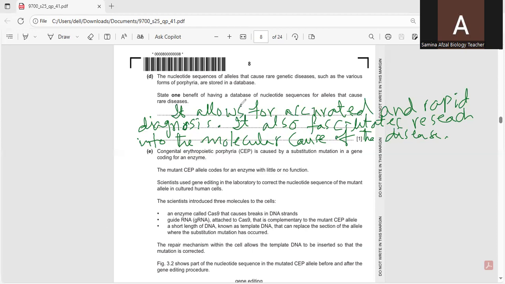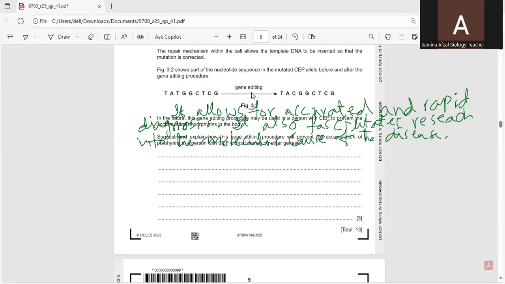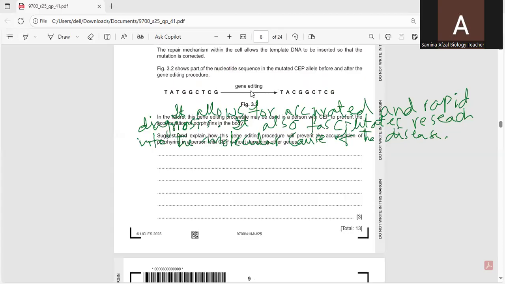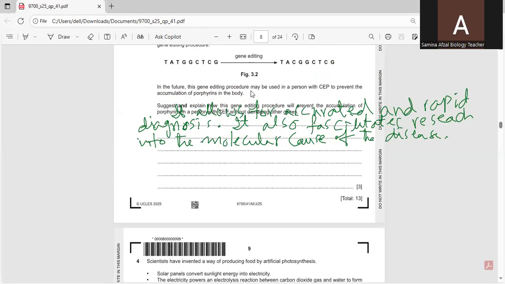Figure 3.2 shows part of the nucleotide sequence in the mutated CEP allele before and after the gene editing procedure.